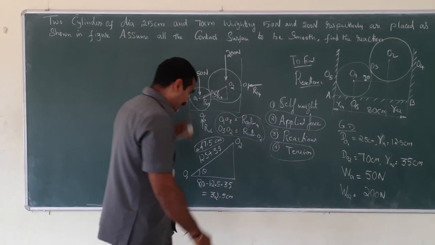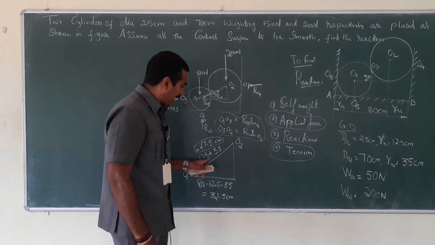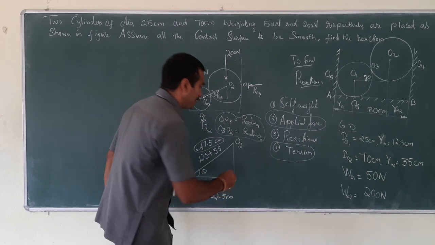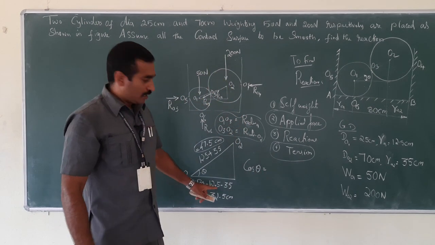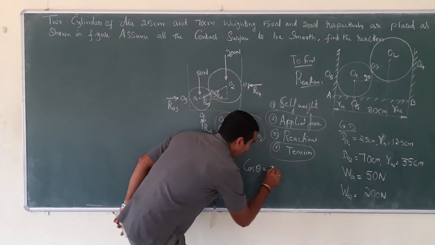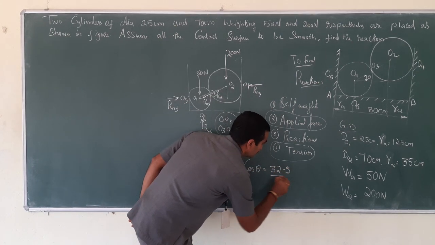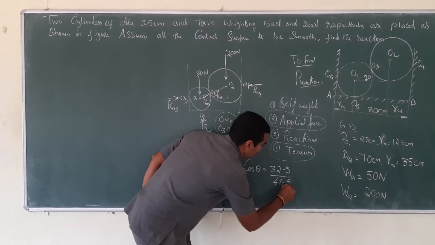Now, since I know the two sides of this triangle, easily I can find the value of theta. So the values are the adjacent side and the hypotenuse. So I can use cos theta. Cos theta equals adjacent side by hypotenuse. So cos theta is equal to 32.5 divided by 47.5.